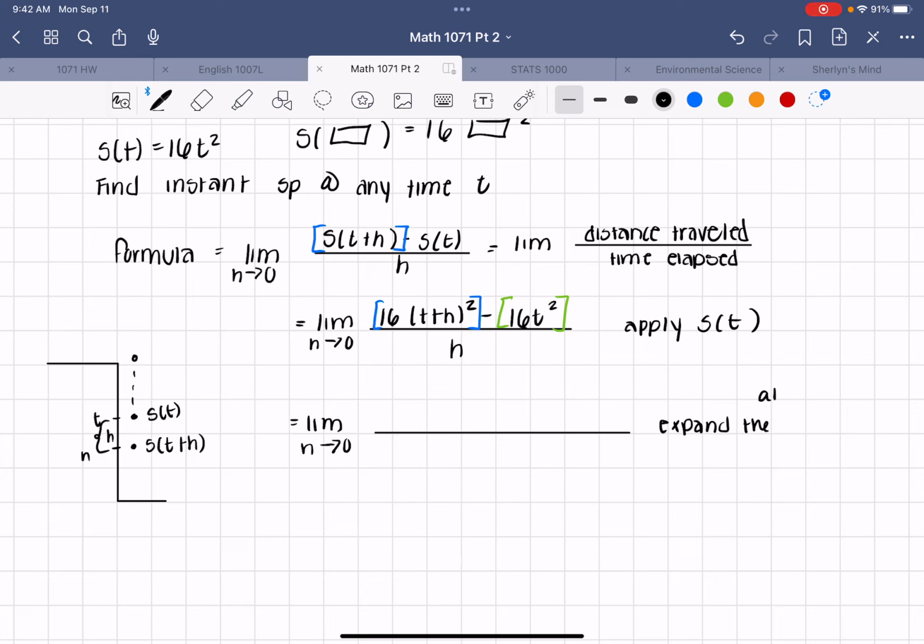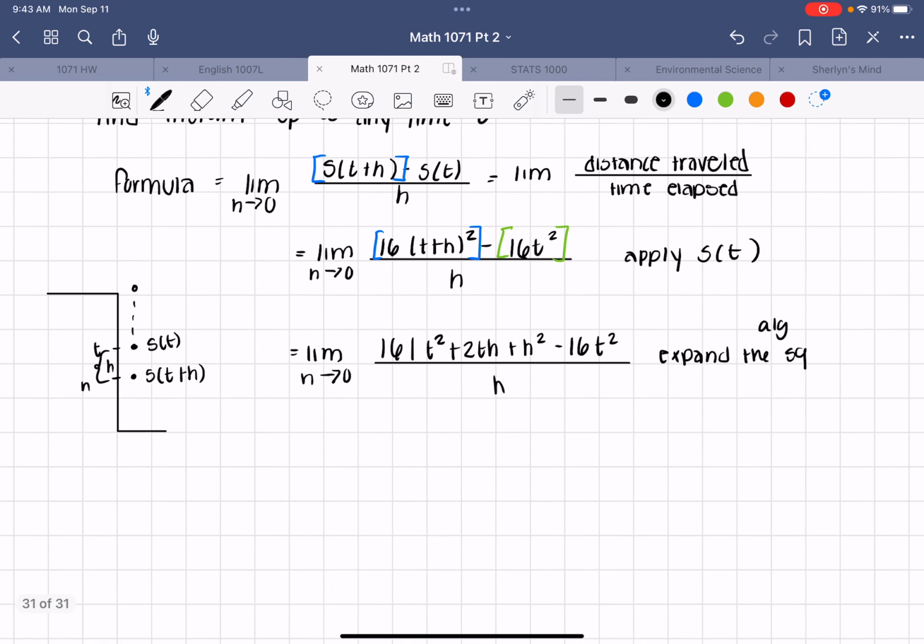Now I'm going to distribute that 16 across the parentheses. 16t squared plus 16 times 2th plus 16h squared minus 16t squared. Oh, I should have brought my h down, all over h. And you can simplify: 16t squared minus 16t squared.